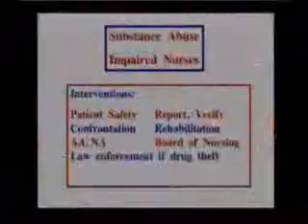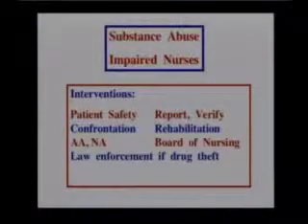Usually the employer will do some type of confrontation with the employee, and most of the time our goal is to rehabilitate people rather than punish. So usually they'll offer some type of treatment option. If the nurse would refuse that, then they may well be reported to the Board of Nursing and have their license removed. Frequently, we like to get them into treatment programs. Most states have treatment programs for nurses with substance abuse issues.